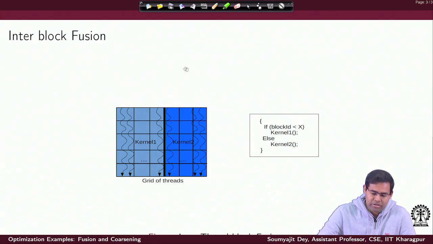When you launch the threads, the ones executing kernel 2 finish much faster, but the other threads are still running, right? So that doesn't make sense, because the fusion is not helping: you have threads which are finished, waiting at the end of the execution, while the other threads have not ended their execution.